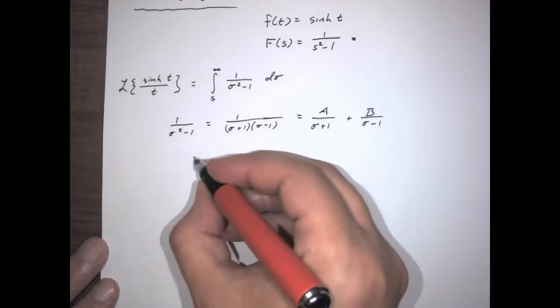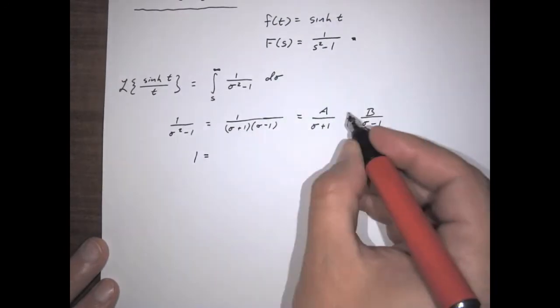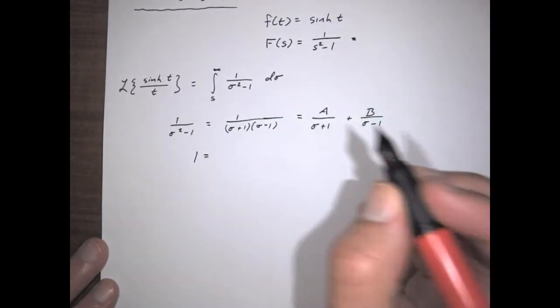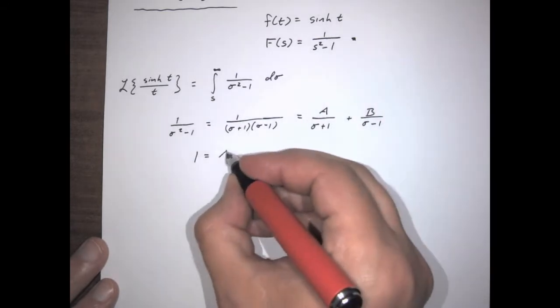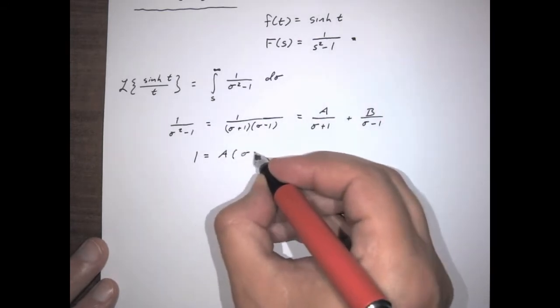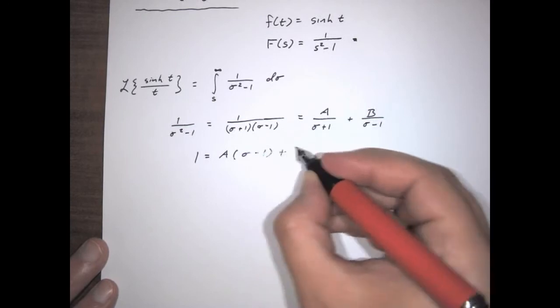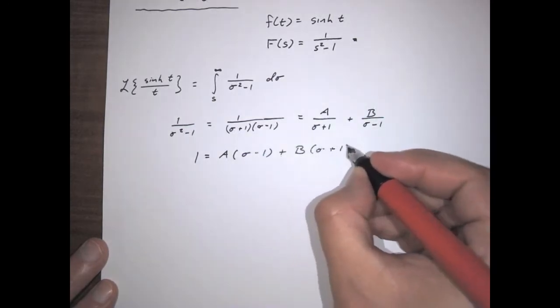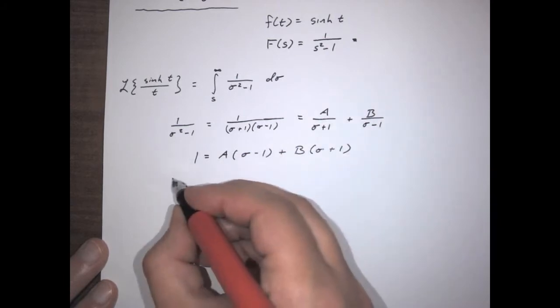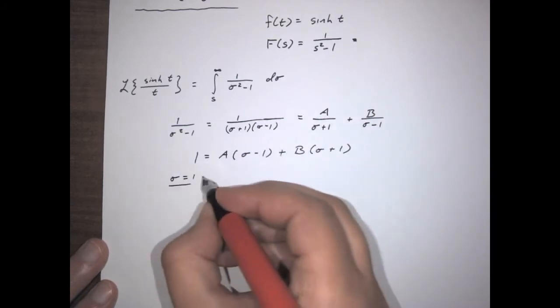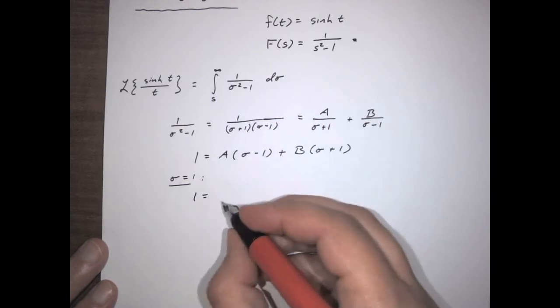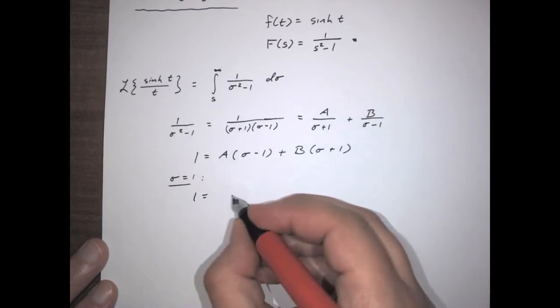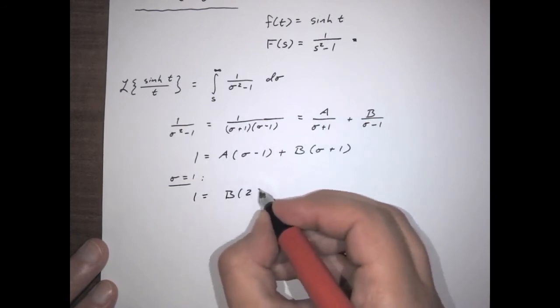So then what that would mean is that if we multiply both sides of this by the common denominator of sigma plus 1 times sigma minus 1, we're going to have 1 equals a times sigma minus 1 plus b times sigma plus 1. And from this equation now, setting sigma equal to 1 is going to give us 1 equals, and that's going to cancel that out, and it's just going to give us b times 2.